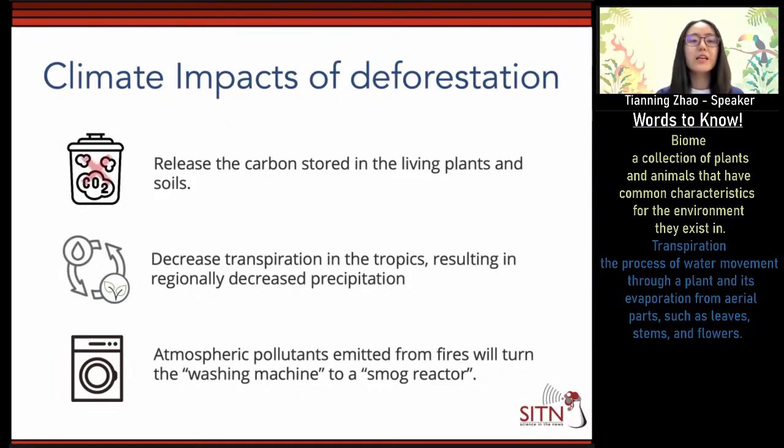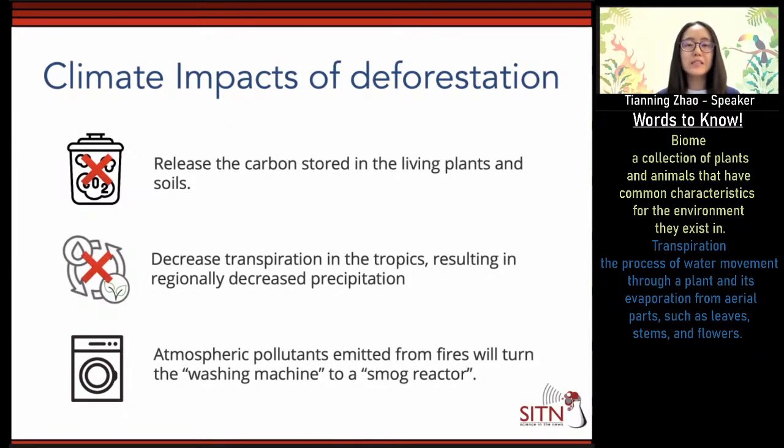So first, the carbon reservoir. When you're burning or simply cutting down the trees, you will release all the carbon stored in the living plants. And sometimes through the burning process, some carbon stored in the soil will also be emitted to the atmosphere. And the second part is this less powerful weather engine.